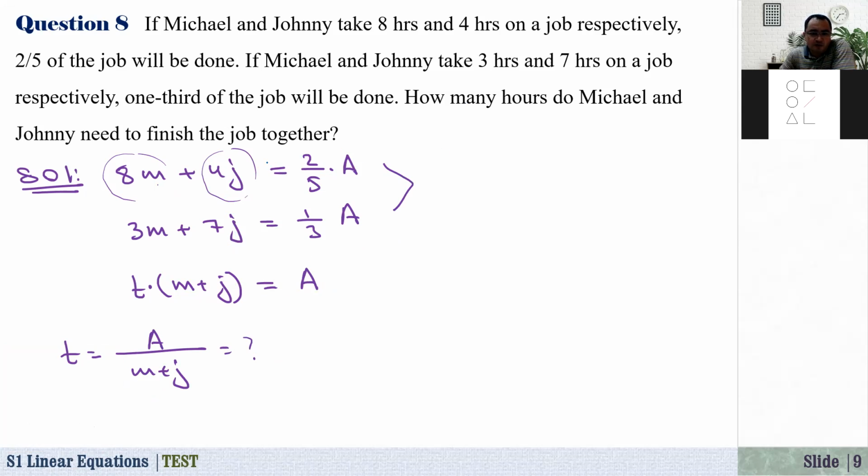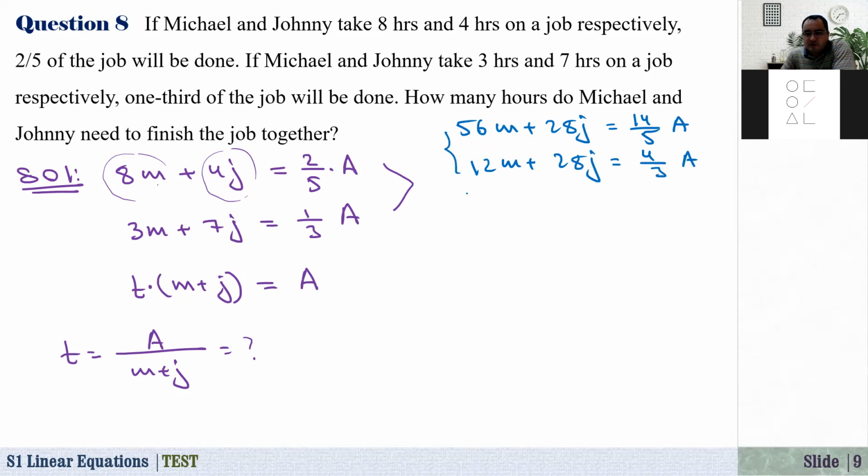The first equation multiplied by 7: 7 times 8, 56M, 7 times 4, 28J, 7 times 2 over 5, it is 14 over 5 A. The second multiplied by 4: 4 times 3, 12M, 4 times 7, 28J, and 4 times 1 over 3, 4 over 3 A.